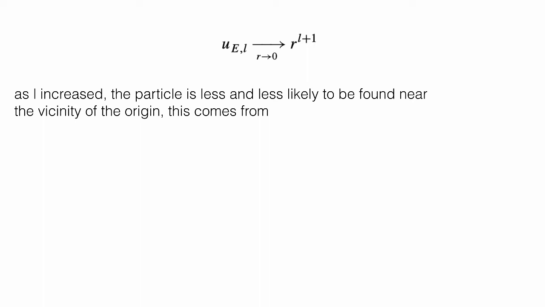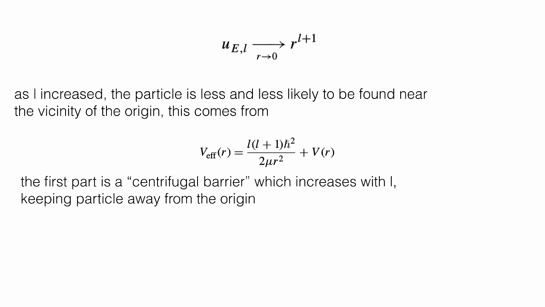And this is due to the centrifugal barrier that we had, which was L times L plus 1 over 2 mu r squared. And of course, that barrier is a repulsive barrier. This is coming from this piece here, and the centrifugal barrier increases with L.